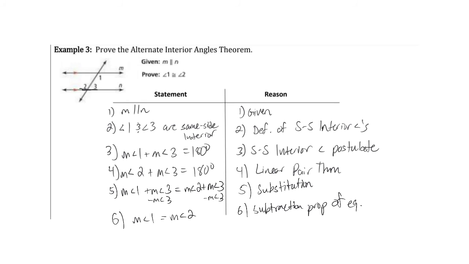Then our last step: the definition of congruent angles tells us that if their measures are equal, then the angles are congruent, or vice versa. So we can state angle 1 is congruent to angle 2, by the definition of congruent angles.